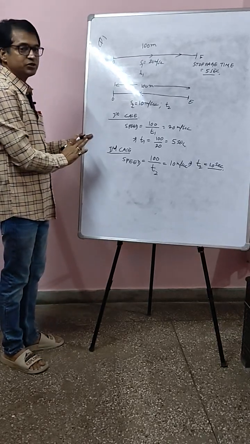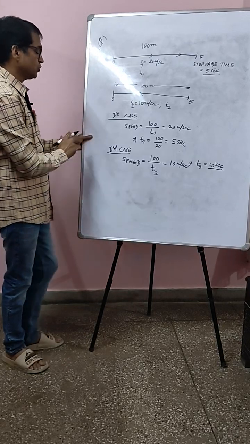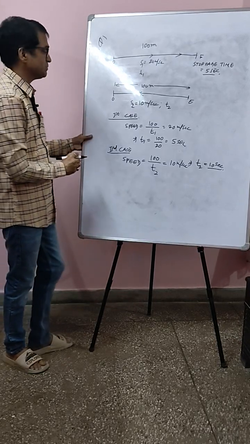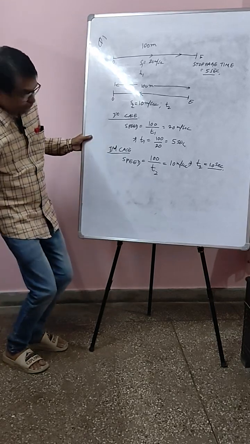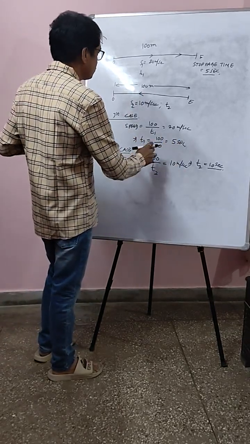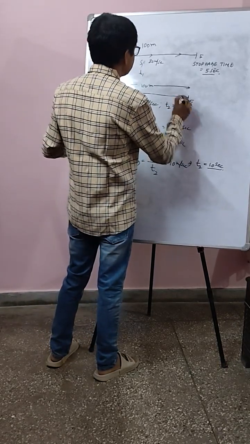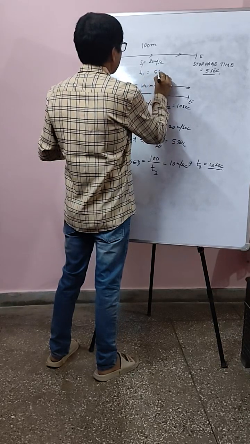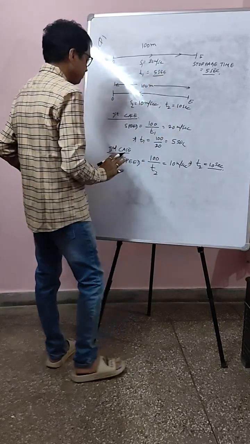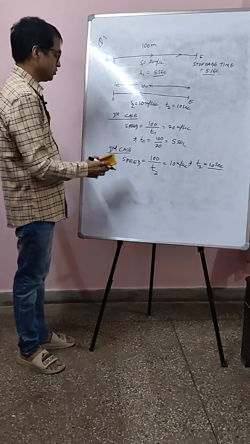So this is the question. Now we are going to find what the average speed is. T1 equals 5 seconds and T2 equals 10 seconds.